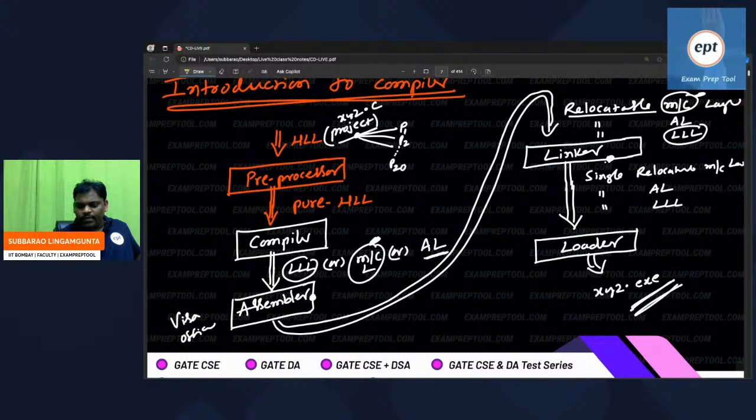I have a program, and I said compile that program. Everyone listen. When I say compile, only compilation should be done. But they don't want to trouble the user.